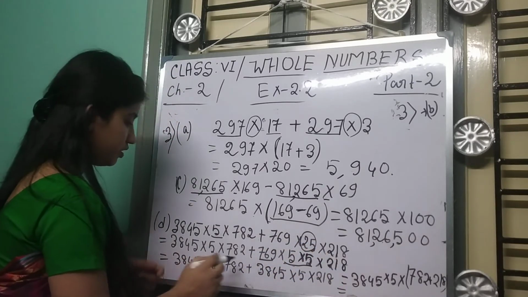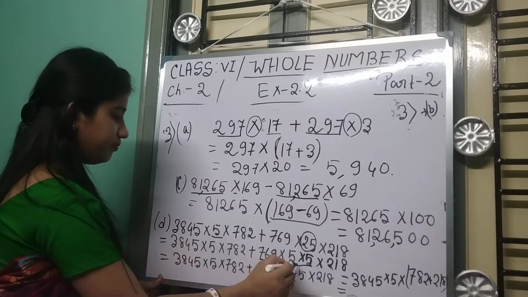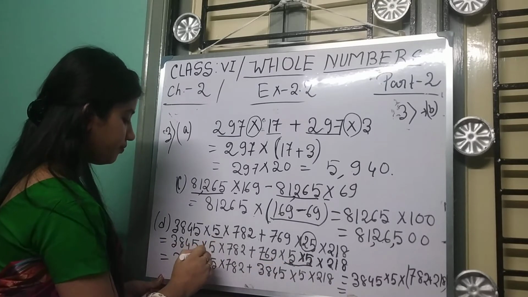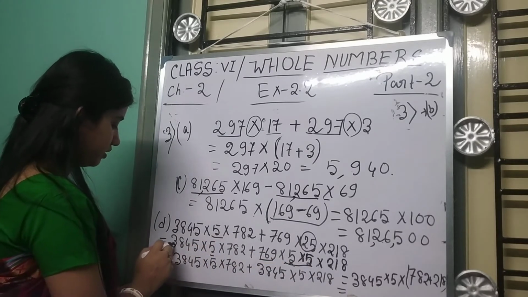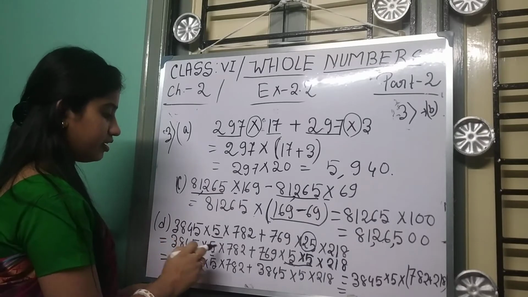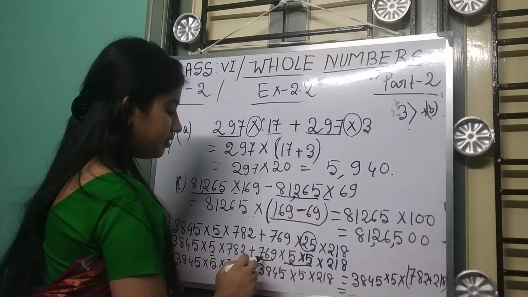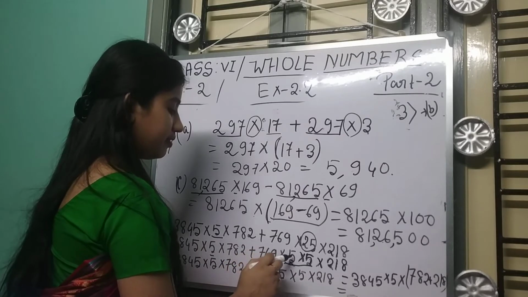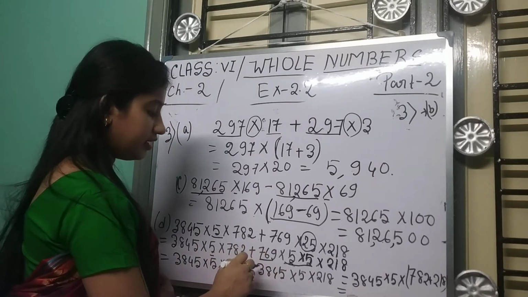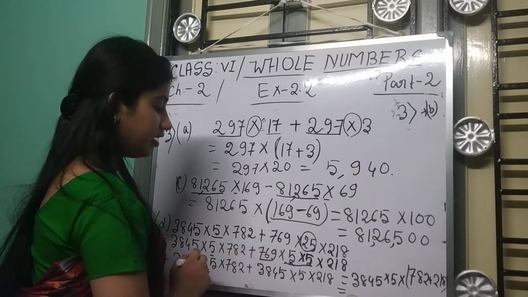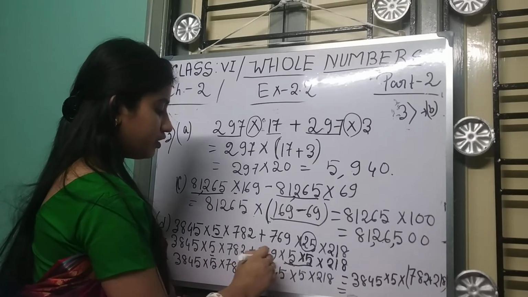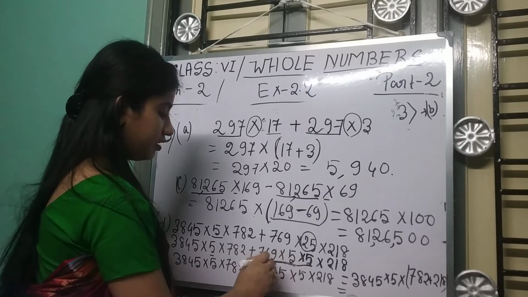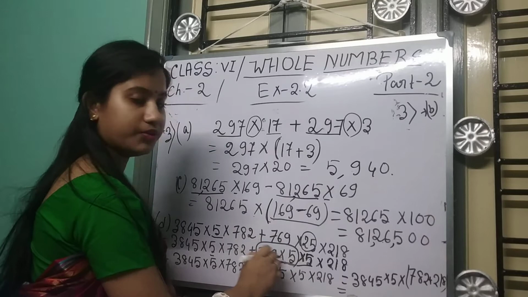So next, here 5 is common. Here is 3,845, and if we multiply 769 by 5 then we get 3,845. So we multiply 769 into 5.